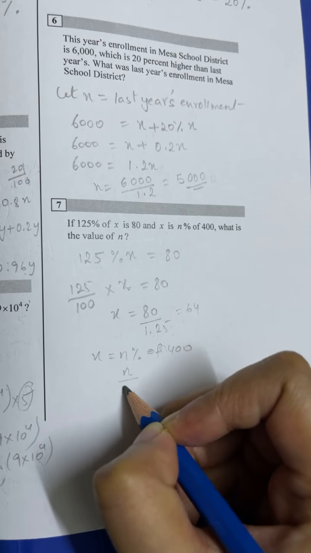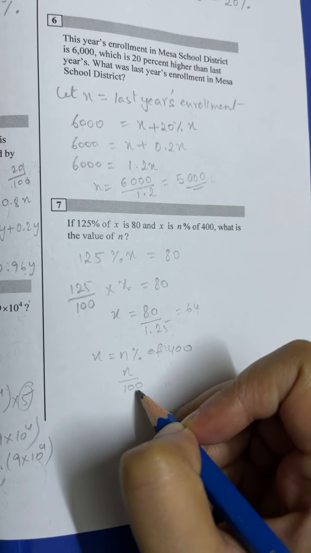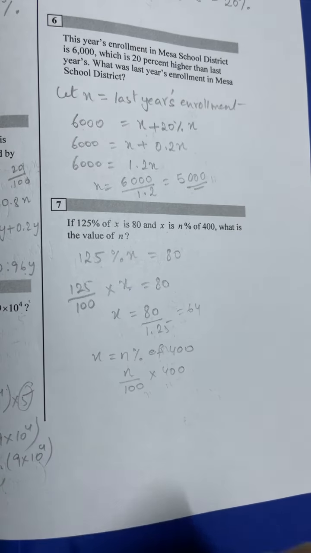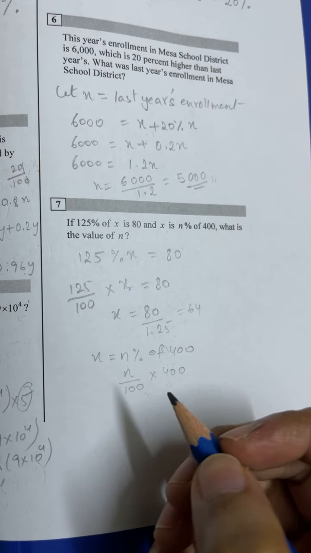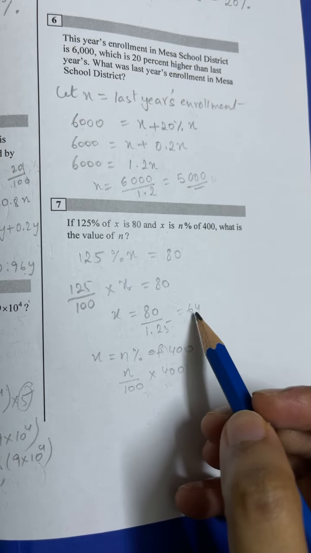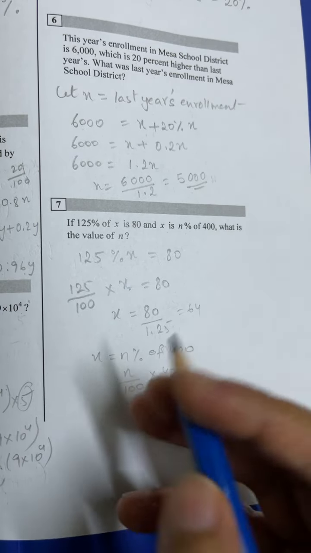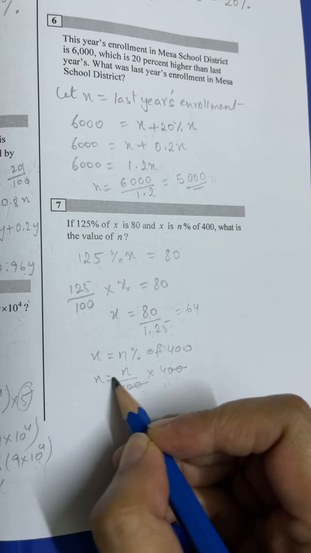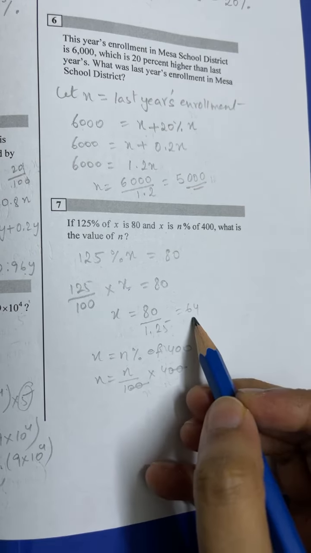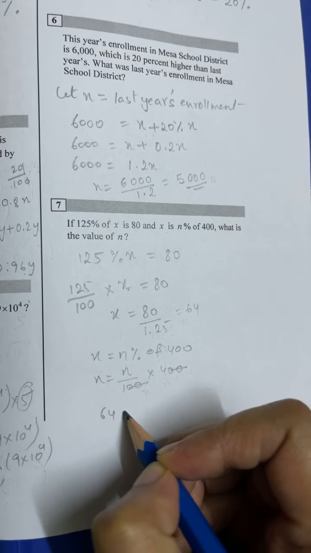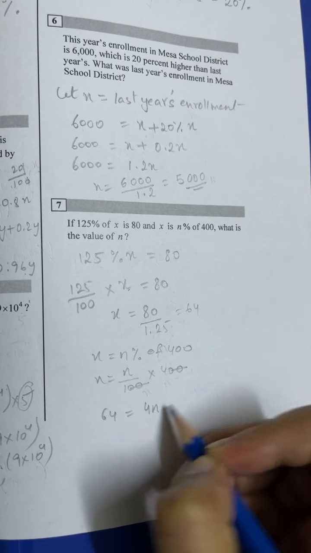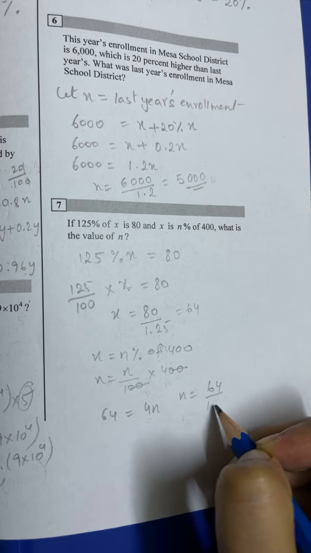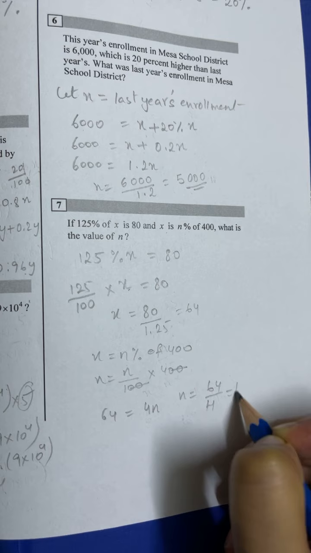N%, that is n per 100 multiplied by 400. And we already have the value of x, that is 64. Now the zeros just cancel out, and we substitute the value of x. So 64 equals 4n. So n is equal to 64 divided by 4, that's equal to 16.